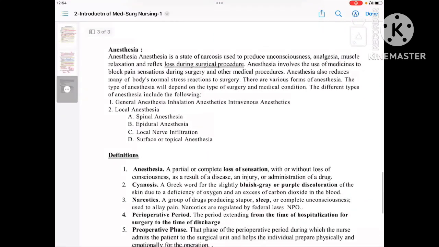Then, what is anesthesia? You should know what anesthesia is.